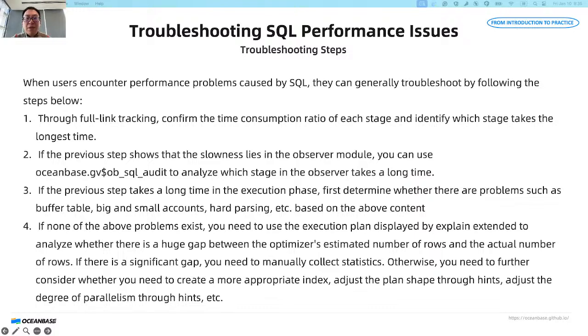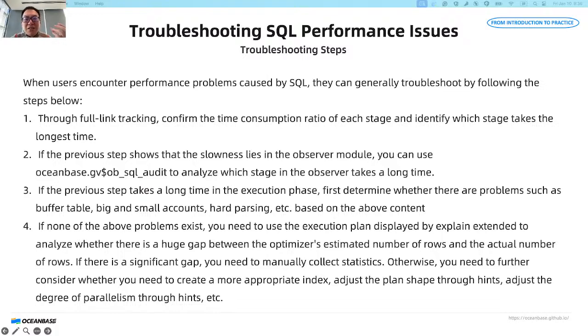The first one, use full link tracking to confirm the time consumption ratio at each stage, and identify which stage takes the longest time. If it's slow in the OB server module, you can use SQL audit to analyze which stage in the OB server is the longest.